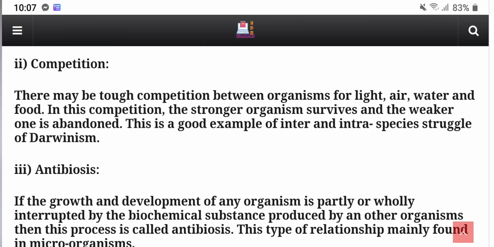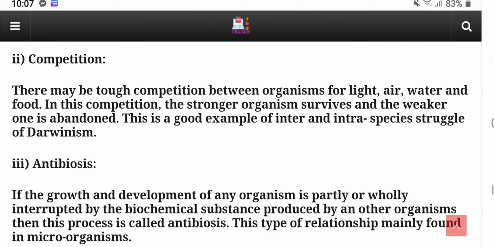Number 2, another negative interaction, is competition. There may be tough competition between organisms for light, air, water, food. In this competition, the stronger organism survives and the weaker one is abandoned. So this is a good example of the inter and intra-species struggle of Darwinism.